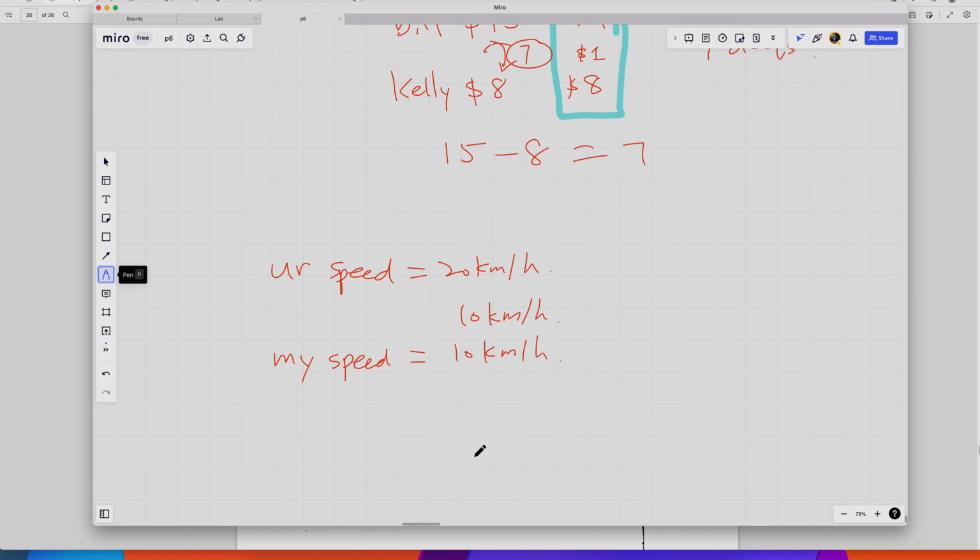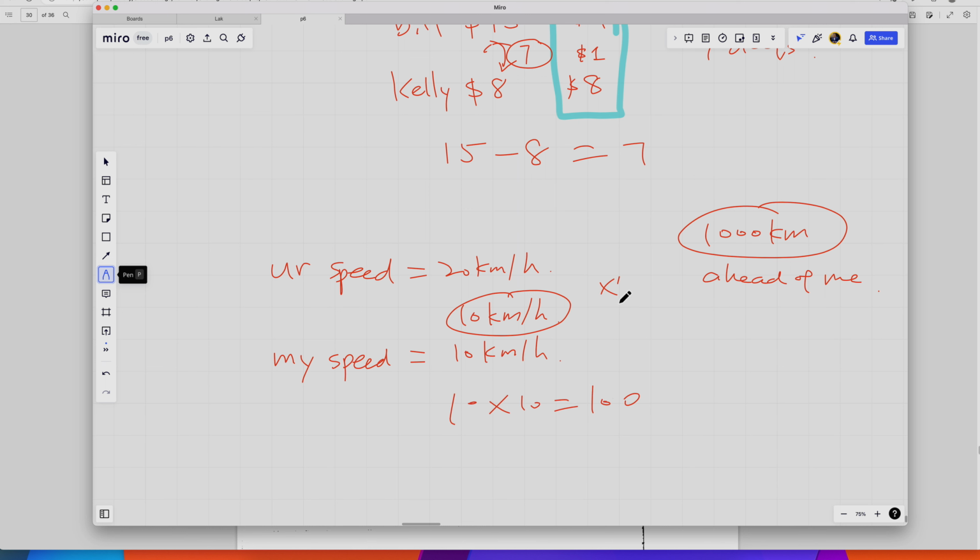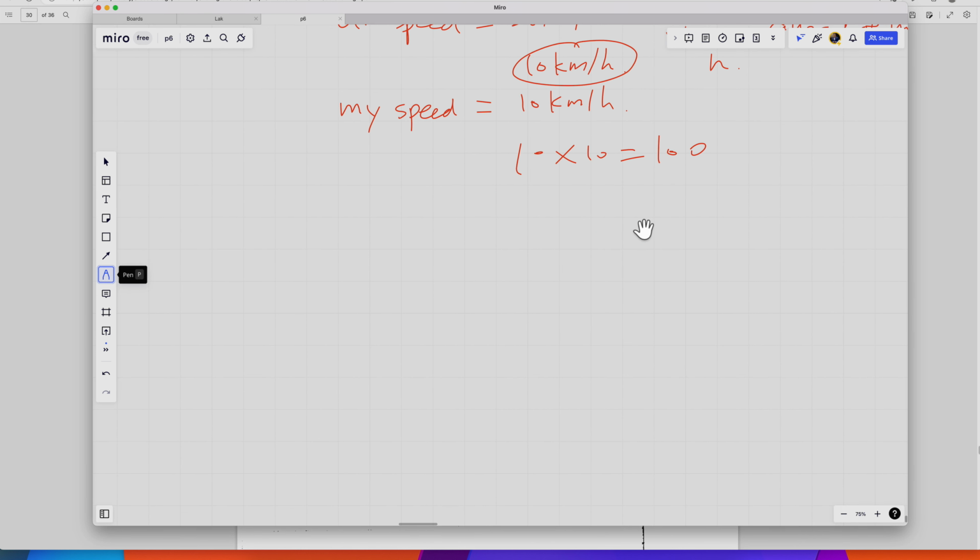Let's say you are 1,000 kilometer ahead of me. In 1 hour you can catch up 10 kilometer, so how to catch up 1,000 kilometer? 10 times 10 is 100 only. So you need to times 100. After 100 hours, then you can catch up the 1,000 kilometer. That's how you do this kind of question.